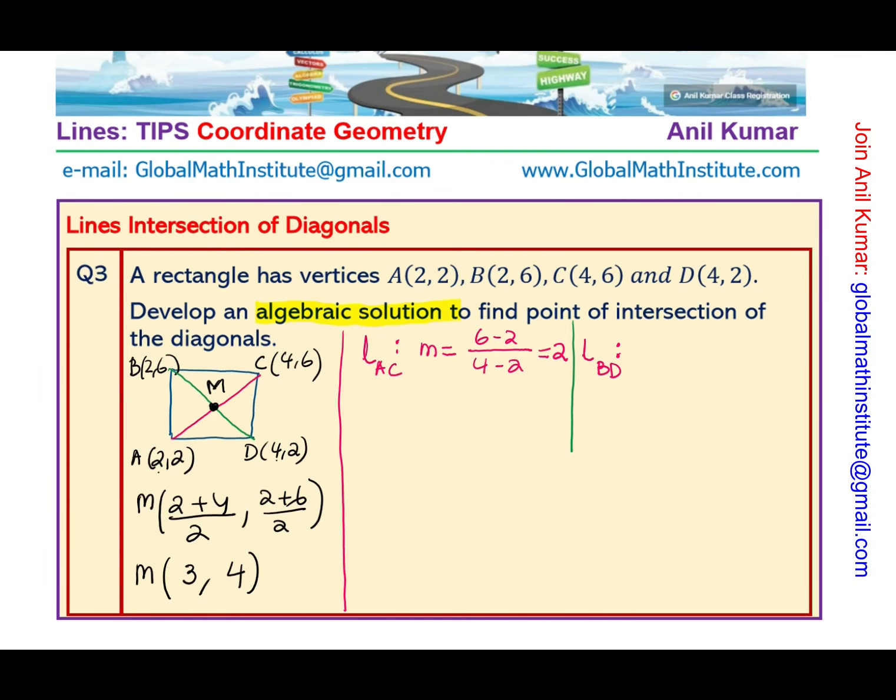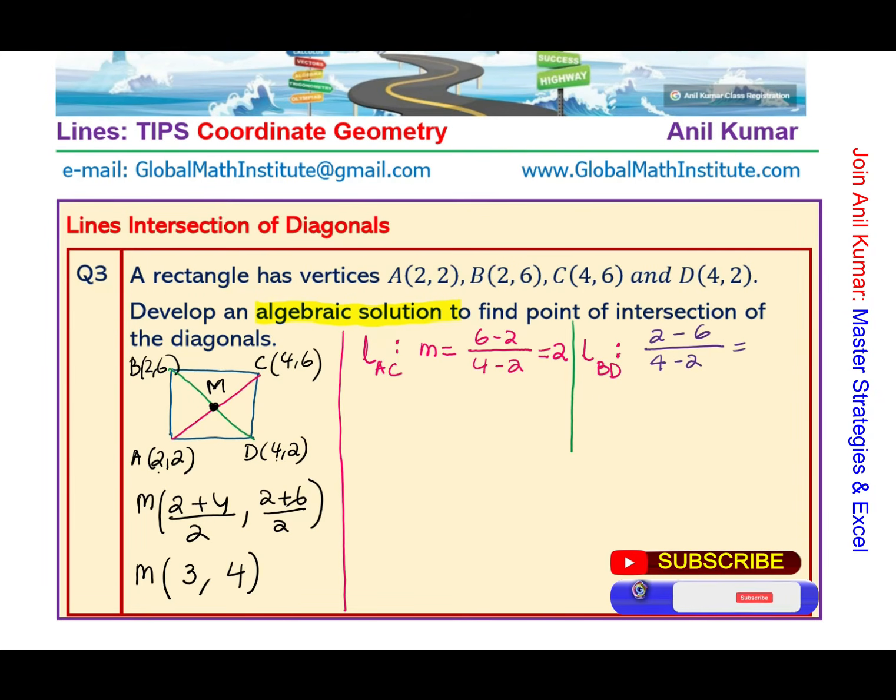Now for the other line, B to D, it is going to be y2 minus y1 we are doing, right? 2 minus 6 over 4 minus 2, which will be minus 2. So we got a slope of 2 for the first line, which is rising, positive slope, negative 2 for the line which is falling. Perfect.